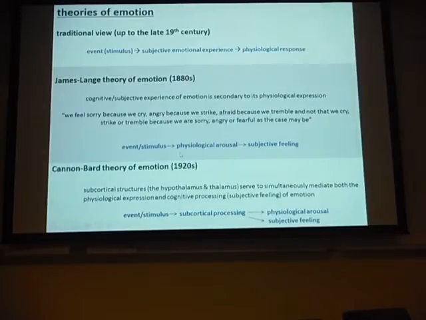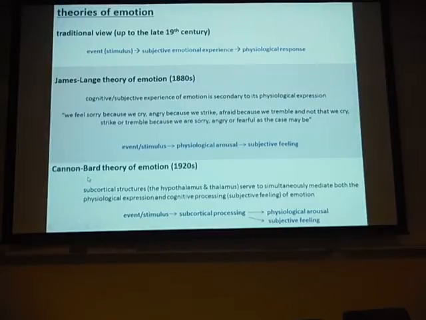So in their linear model, somebody throws a snake at you, your physiological response is to have your heart rate go up or to tremble, and you interpret your heart rate going up and your trembling as a subjective feeling of fear. Right? So kind of flipping things around. The physiology comes first, and then we interpret, well, how did that make me feel?